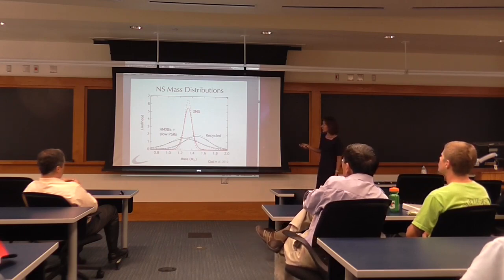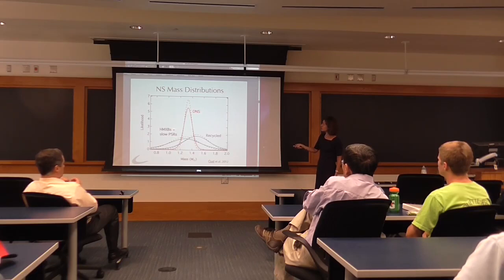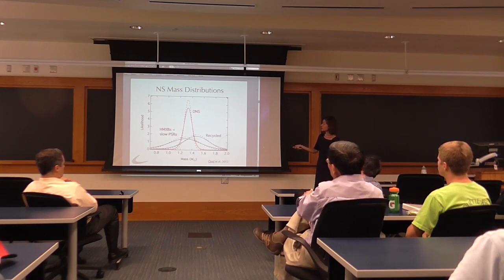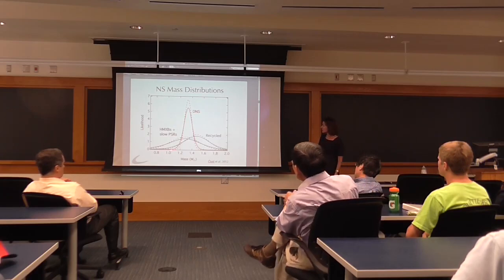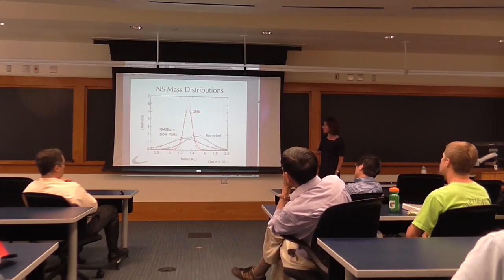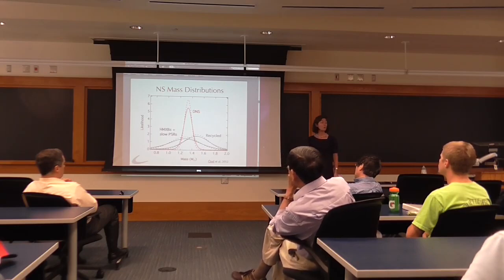Dividing it into three categories, what I call recycled are the ones that have had an accretion phase, double neutron star systems, those 12 plus 6 sources, and high mass X-ray binaries and slow pulsars, which are also thought to be near their birth masses. The first thing to notice is that the double neutron star population is very, very narrow, and it's centered at 1.35 solar masses.